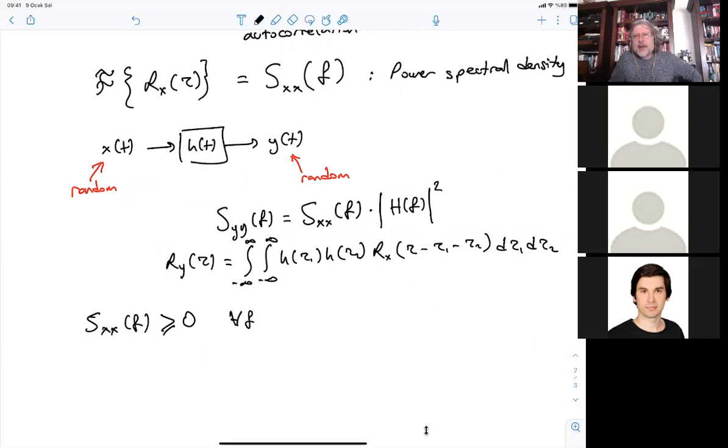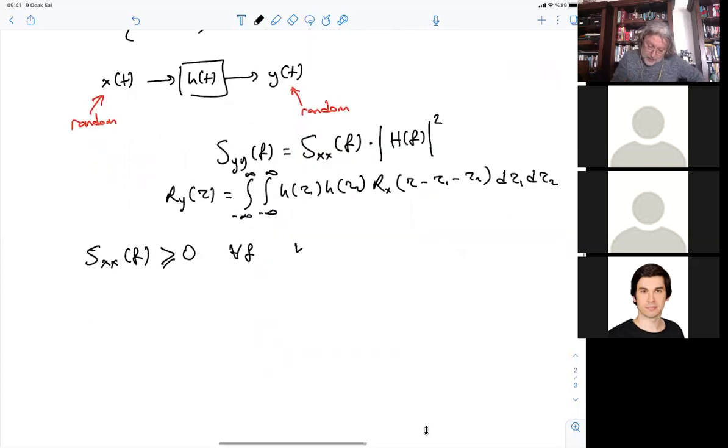So you cannot have negative power spectral densities, because an integral from a certain frequency to another, it may be from minus infinity to infinity, of Sxx of f df is the power of the signal.